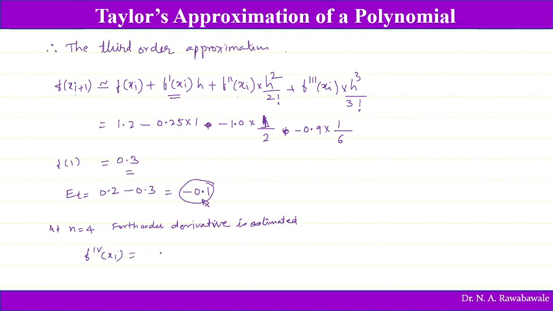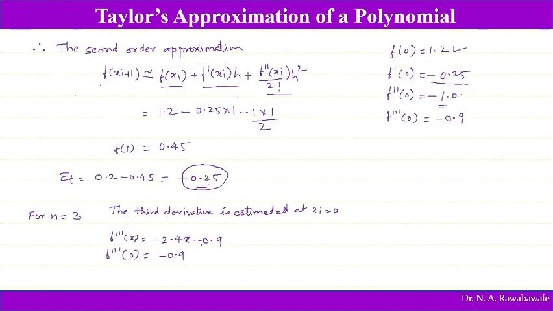If you take fourth derivative of this, if you differentiate this term, f fourth of xi will be minus 2.4.